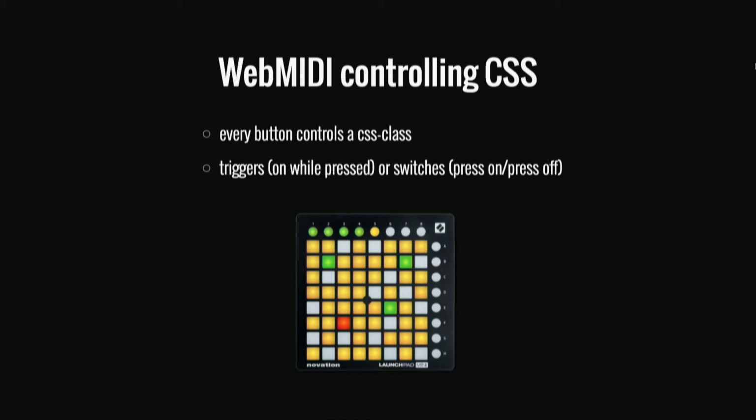So I just figured I will use a single class name for each and every button, like A1, A2, A3, and so on. And I can configure them to be either triggers, where as long as I press, the class gets added to the element, and if I release, it gets removed, or switches, like press on, press off.